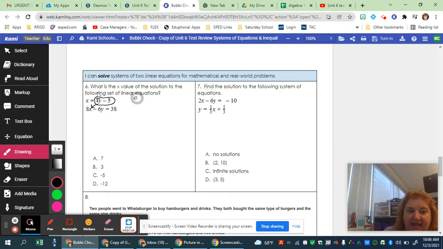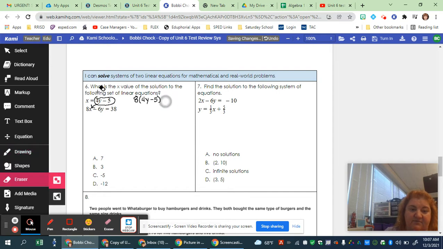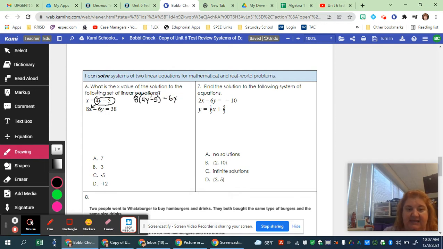here. So I have 8 times 4y minus 5 equals, not equals, let me erase that. Okay, minus 6y. So I just distribute and I have 8 times 4 is 32y minus 40 minus 6y.